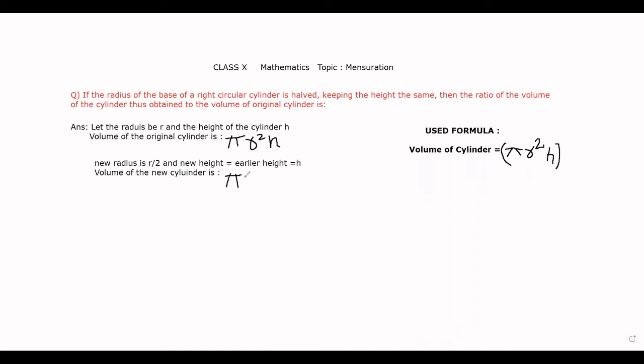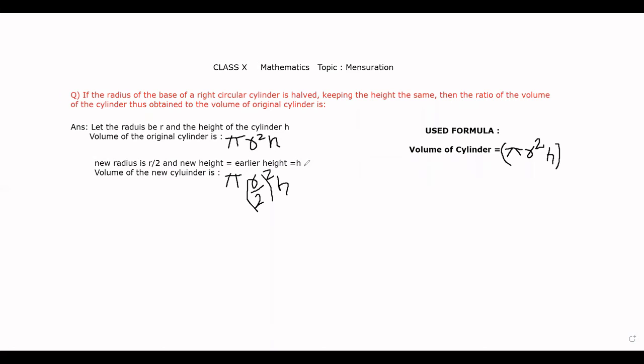Now, what is the radius here? It's r by 2, not r. This is our new radius because it is halved in the second case. So the volume is pi (r by 2) whole square times h, and the height remains the same because nothing happened with the height.